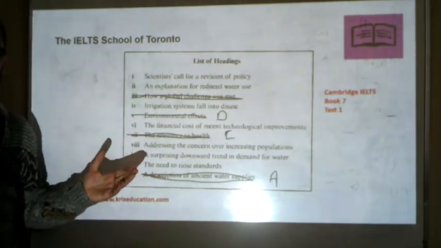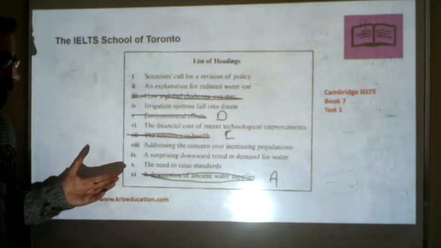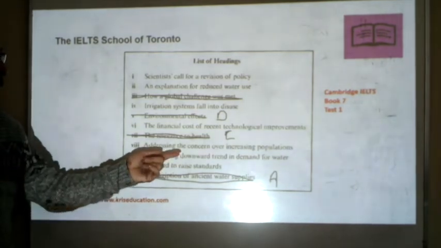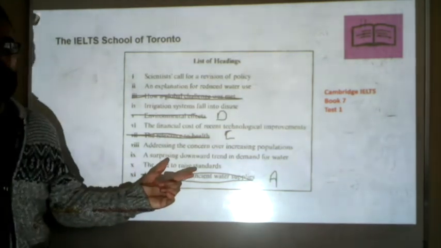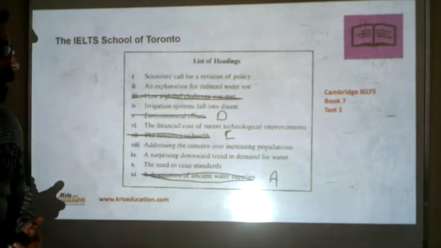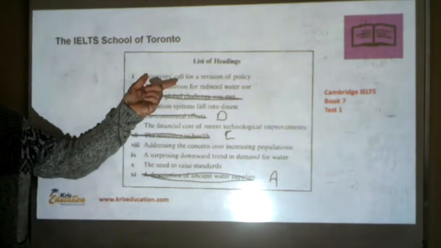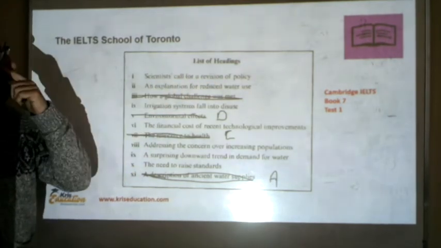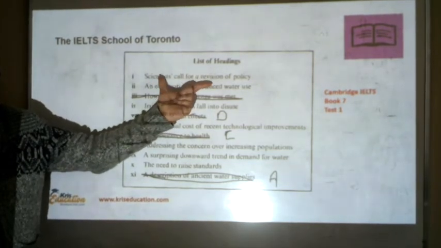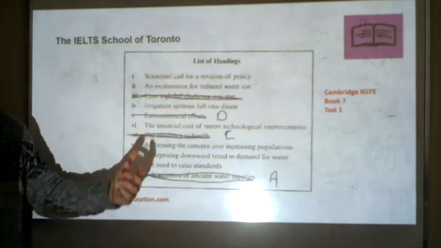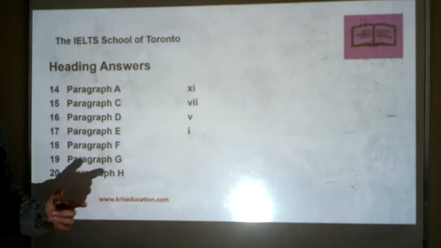A surprising downward trend in demand for water, no. The need to raise standards, again, no. So resource planners, scientists, revision, change, we've got synonyms for scientists and revision, which is a change, in the first sentence. That's why the right heading for this paragraph is number 1.